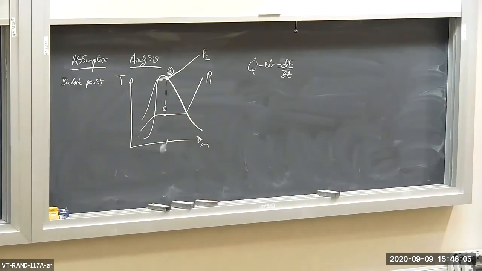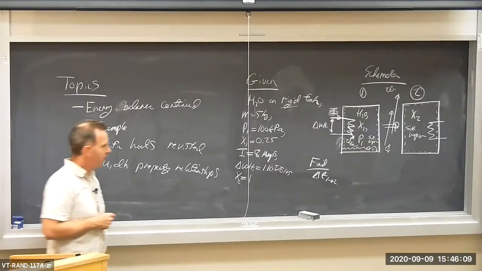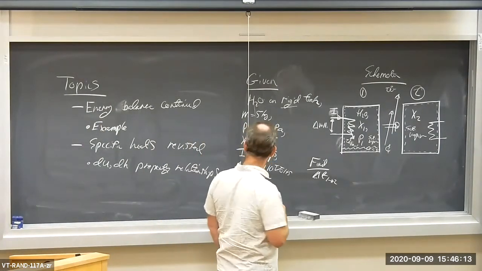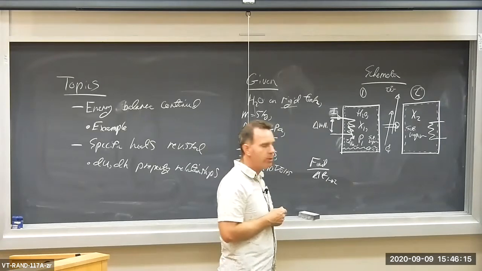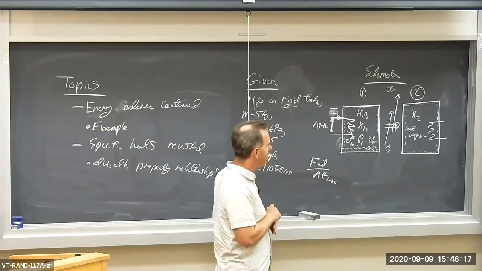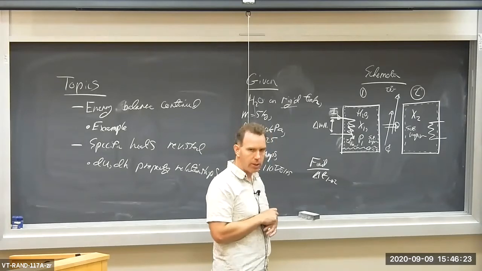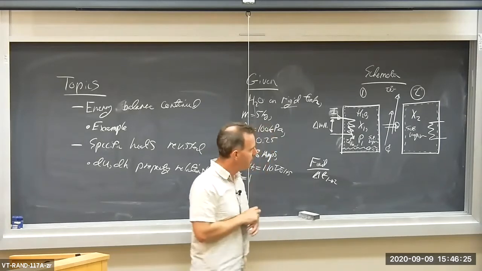Now, there's nothing in the problem statement about heat transfer. If I don't assume heat transfer 0, I cannot calculate delta T because I don't know what Q dot is. I know what the work is, the electric work. It's a voltage times a current.